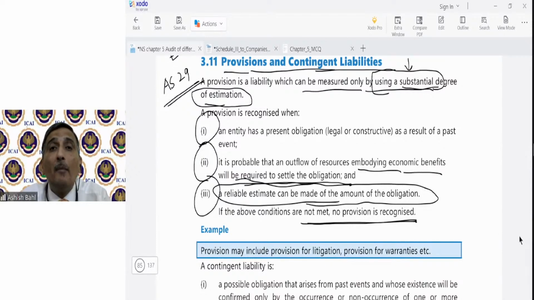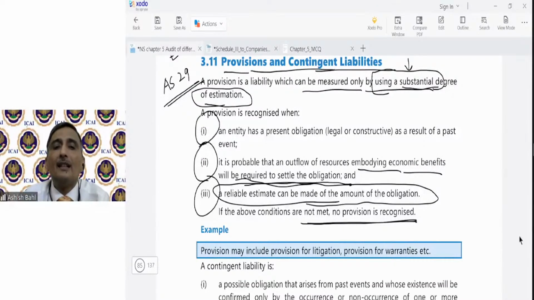No, we would not be recognizing this payment as a provision. Because why? Because with the evidence we have, with the proper professional advice, with the advice of lawyers which we have, the company is of the view that it is not going to incur any expenditure on account of these court cases going on, and it is going to win the case.